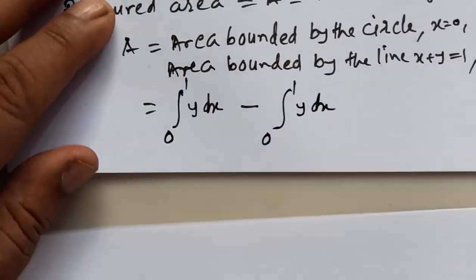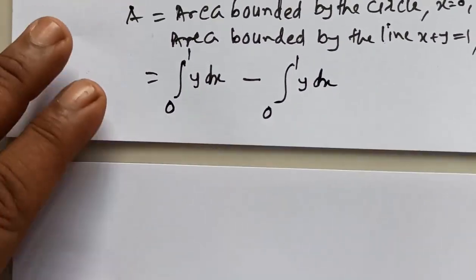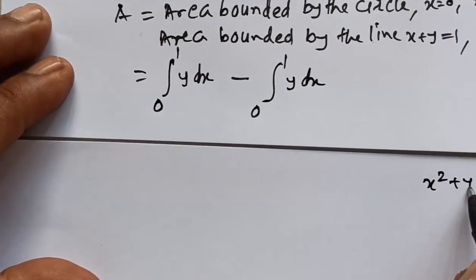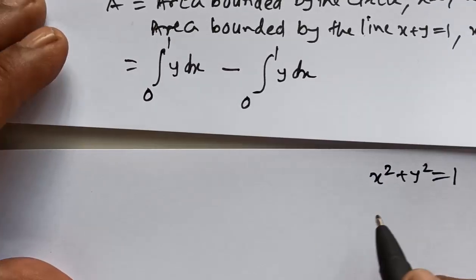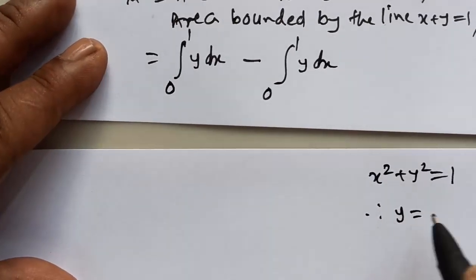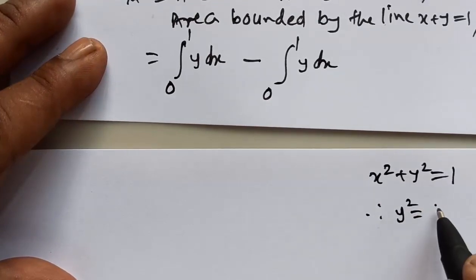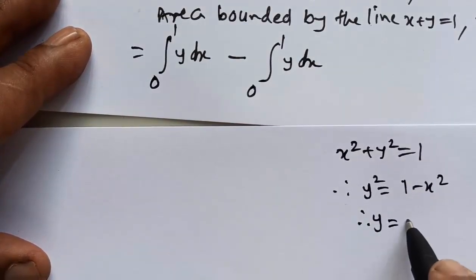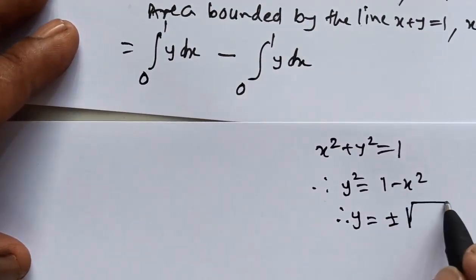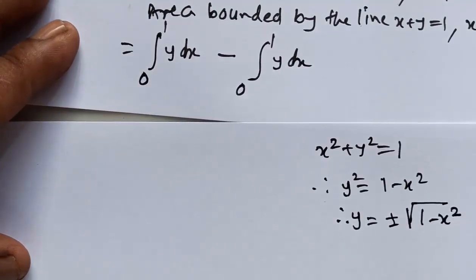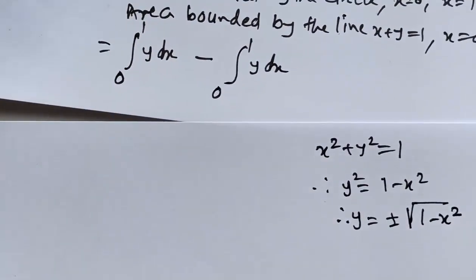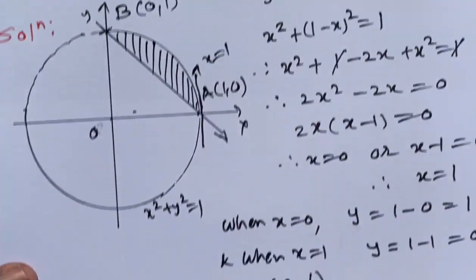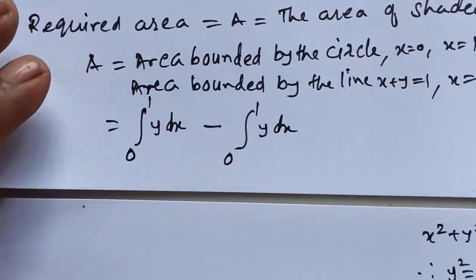Now from the equation of a circle, x square plus y square is equal to 1. Therefore, y square is equal to 1 minus x square. So y is equal to plus or minus under root of 1 minus x square. We are asked to find the area of the region in the first quadrant, therefore we take the positive value.